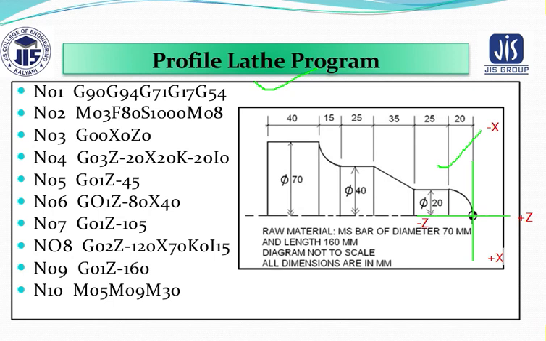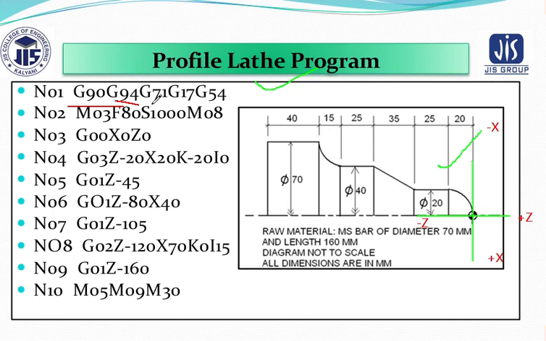Again my choice is the incremental mode, and they have done that. So you need not worry, you just close your eyes and select the incremental mode for this type of program, because we don't have any other option. Okay, and G94 is none other than feed rate in millimeter per minute.